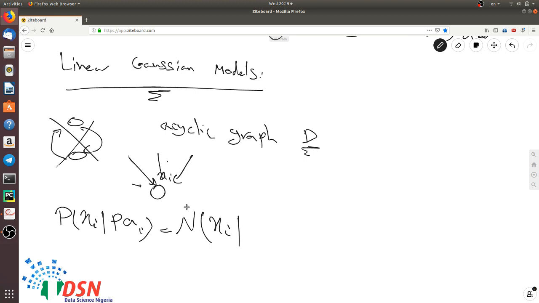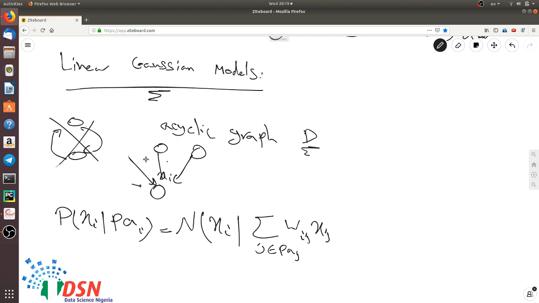The mean is a sum over all parents, a linear combination of the parent nodes.